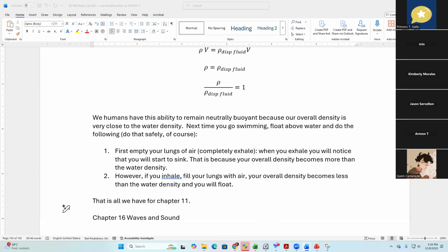Any questions? This part on fluid dynamics is very easy, right? Because we use very simple mathematical techniques.